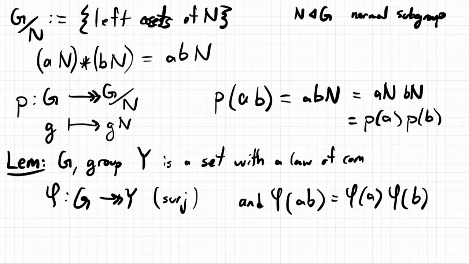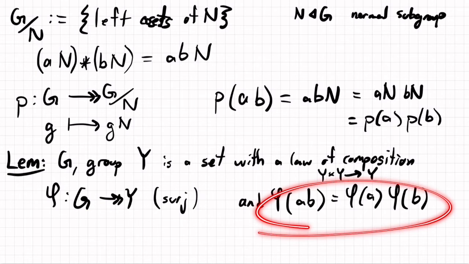So Y is a set that almost looks like a group, right? It's got a law of composition, but we haven't yet verified the axioms for Y. That's what this lemma is about. We have a set with a law of composition, right? The law of composition is a map Y cross Y to Y. And then we have this surjective map from G to Y with this property.